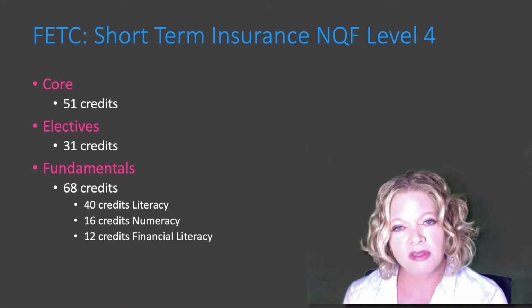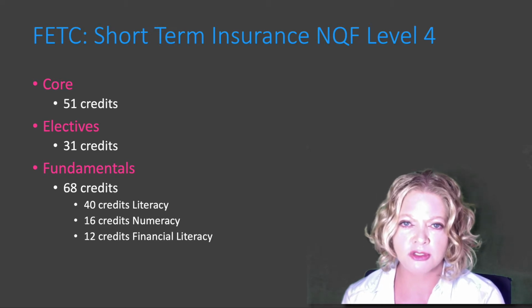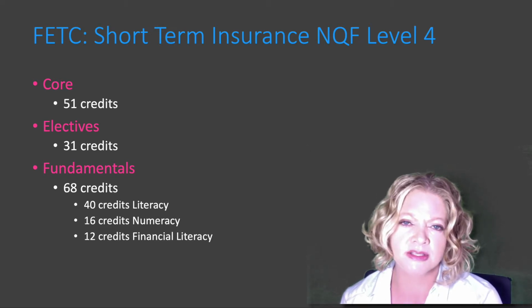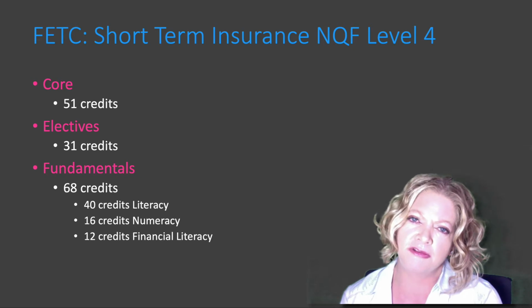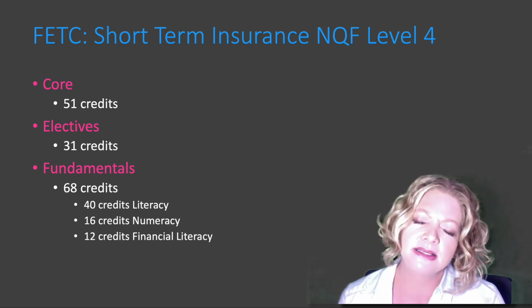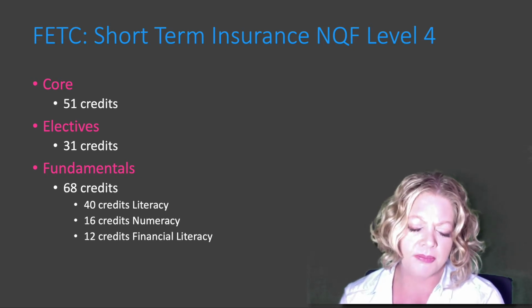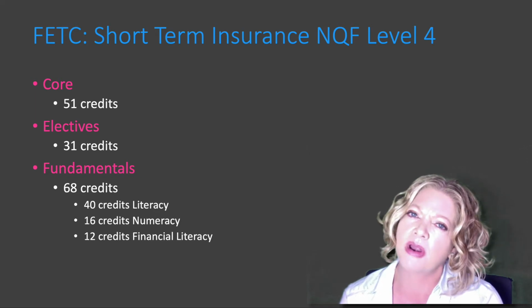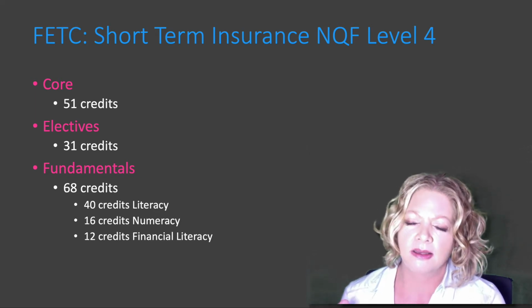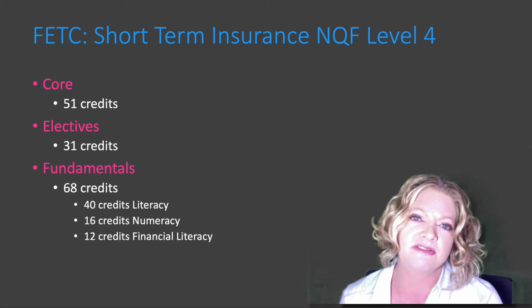So the Further Education and Training Certificate in Short-Term Insurance on NQF Level 4 consists of 150 credits. And the way that these 150 credits have been made up is you can basically divide the qualification into three parts or divisions.